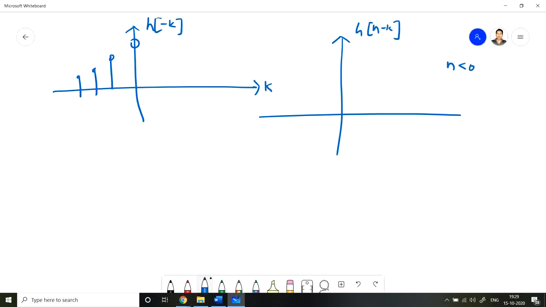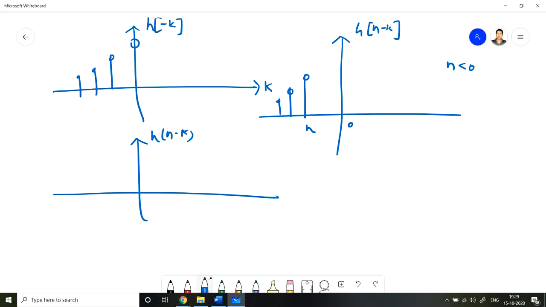So the first case, when n is less than 0, we will get a shift at the nth position. So it is 0, and there is a shift of n. And when n is greater than 0, the h[n minus k] has a shift in the positive side.